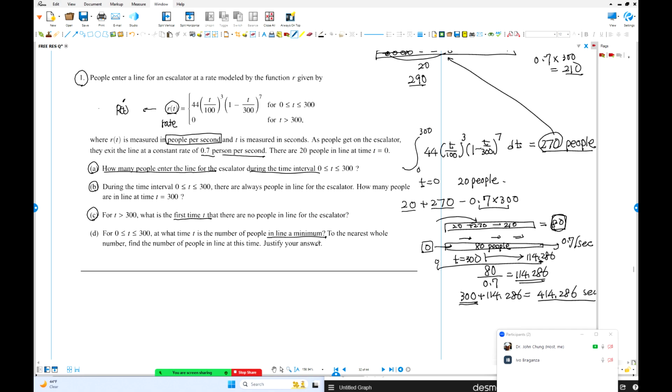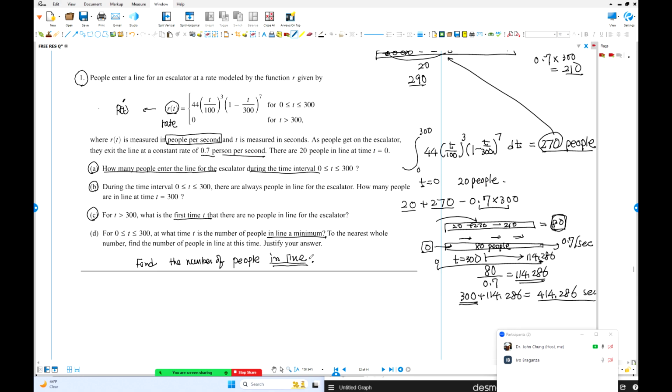Actually, the number of people in the line, you're going to check and count over here. You're going to find the number of people in line.